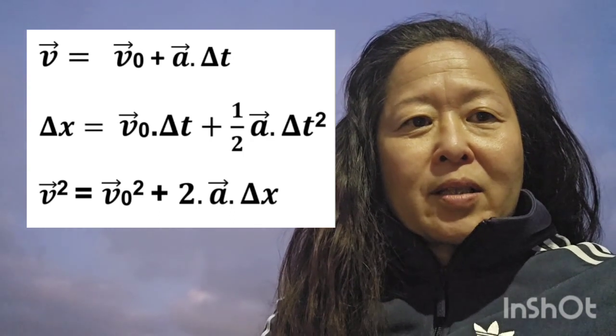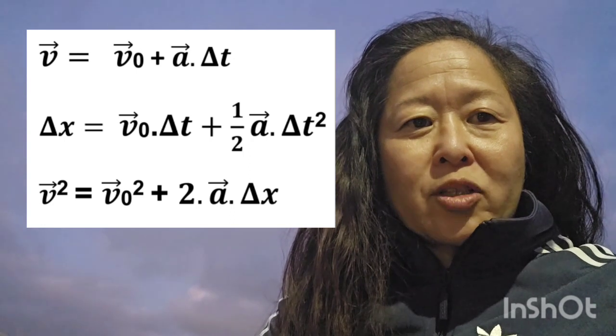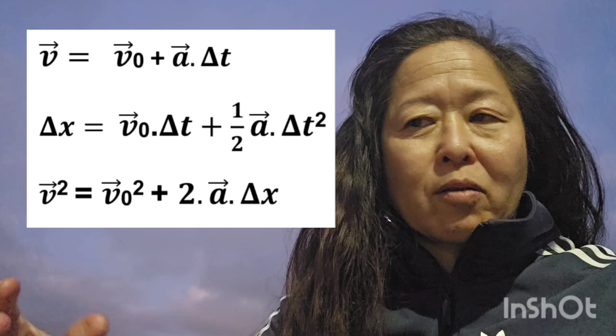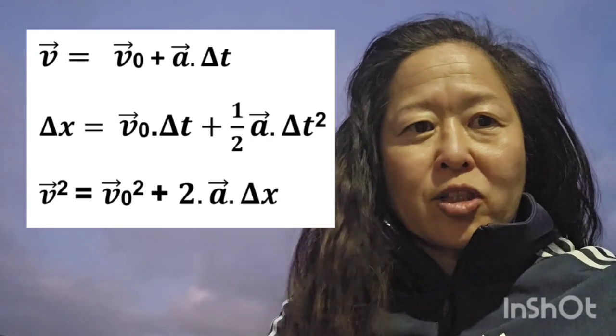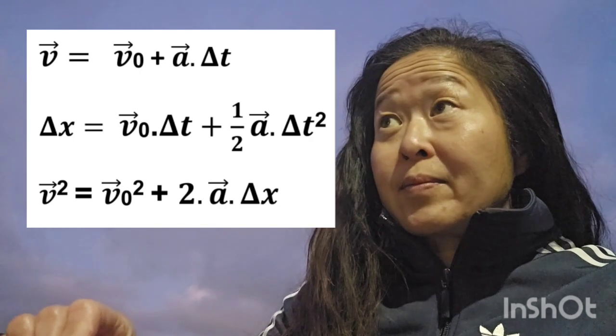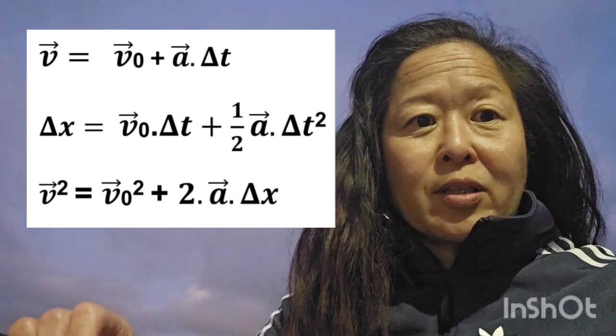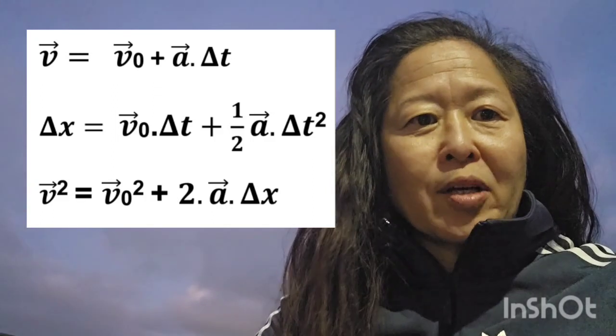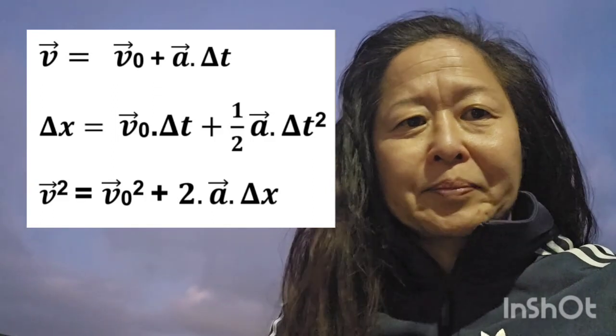Okay, so that, if you look at it, is just a rearrangement of the first equation I gave you, which was the definition for acceleration. If you plug in initial velocity or final velocity, which would be just the v minus initial velocity, if you plug that in on top.